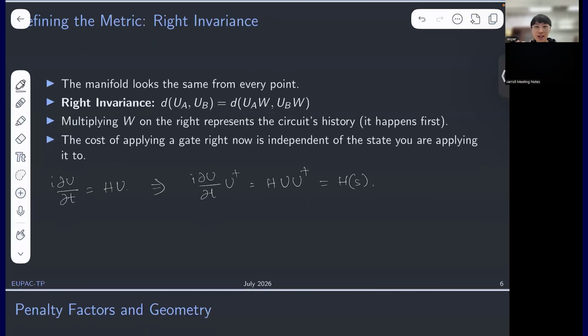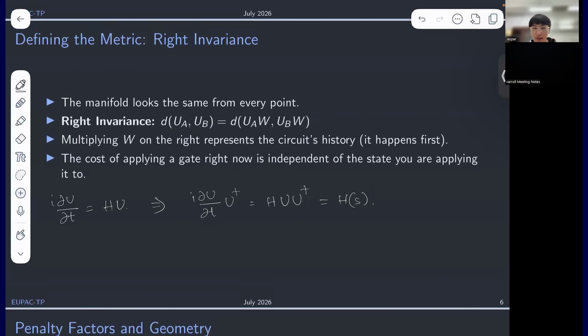Of course, we can also take left invariance, but with left invariance our new Hamiltonian is going to become like U dagger, and so on. This is more of a Heisenberg picture.